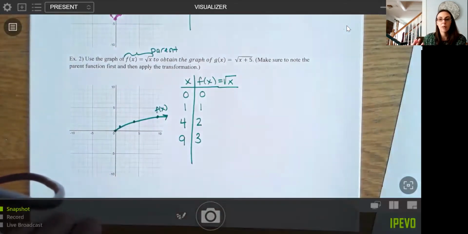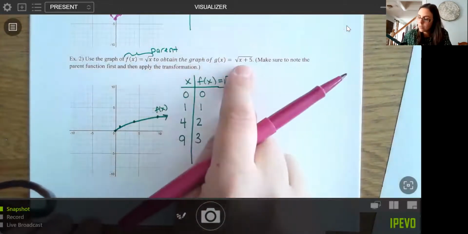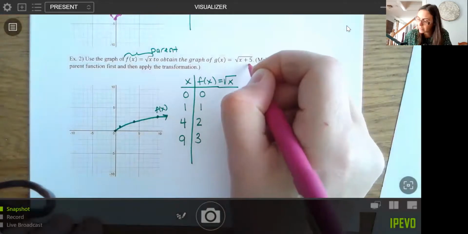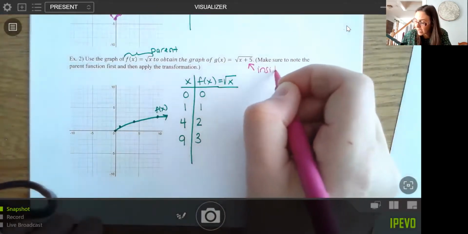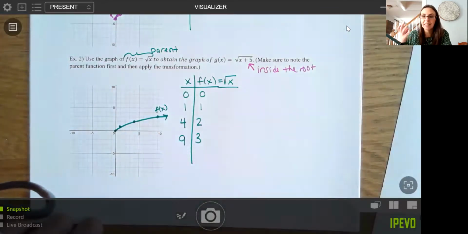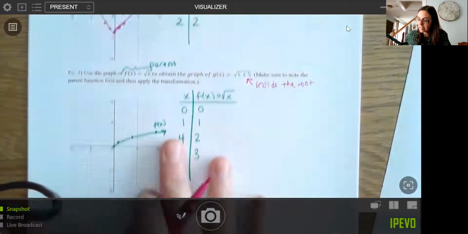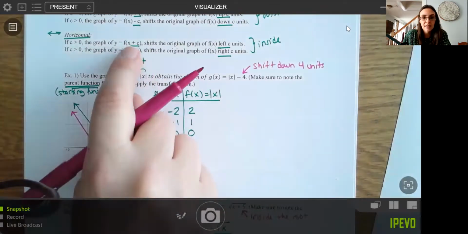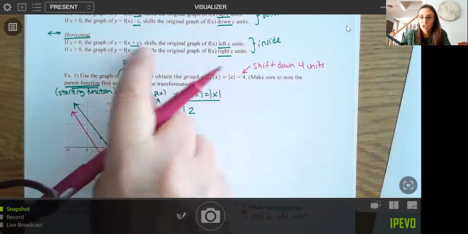And now I'm going to look at the other one. Notice that it's very, very similar, right? They're both square root functions, but I have this change of this +5. Notice that this +5 is inside the root, right? It's underneath the root. It's contained in something. It's not just being added to at the end. So here we have an inside change. It's inside something. So if it's a +5, we're going to actually shift left.